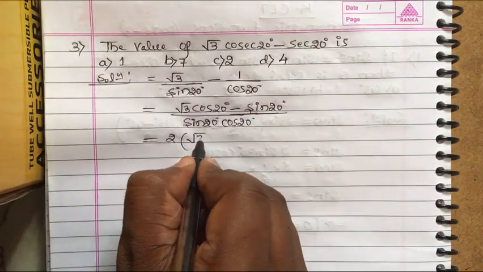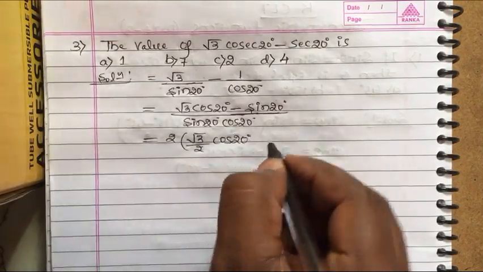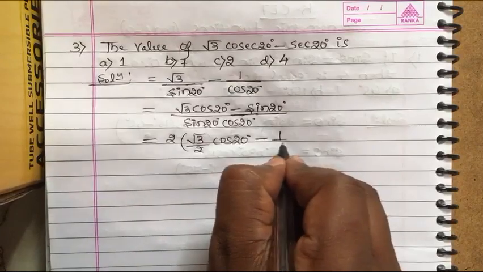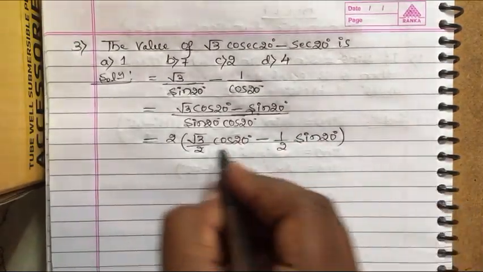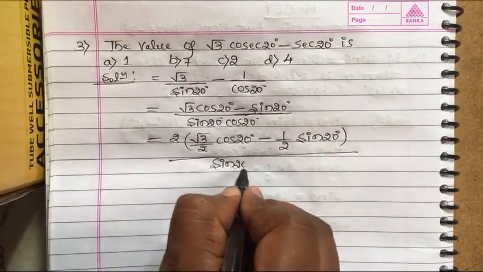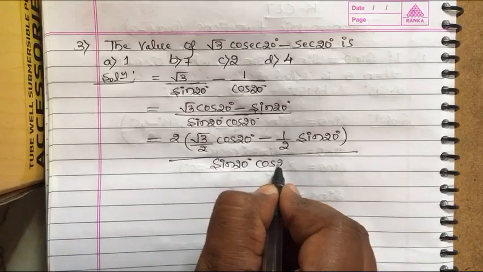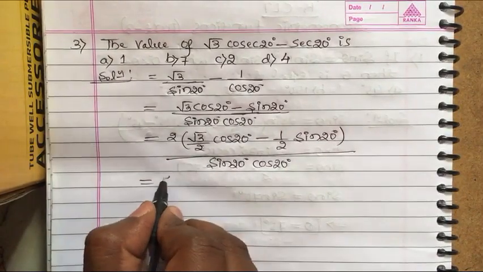We get root 3 by 2 into cos 20 degree minus 1 by 2 sin 20 degree, whole divided by sin 20 degree into cos 20 degrees. So now the 2 I write as it is.